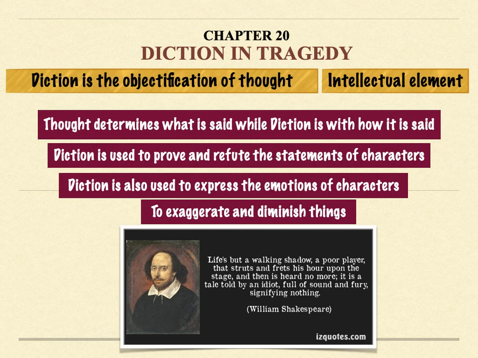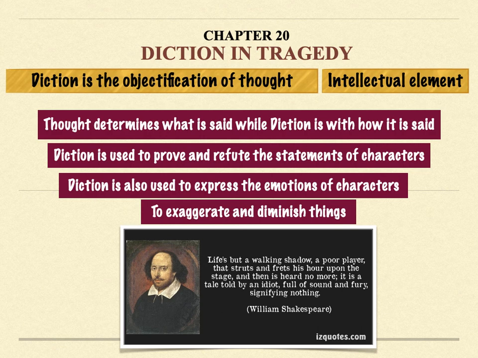So, let's just check one quotation by William Shakespeare. Life is but a walking shadow, a poor player that struts and frets his hour upon the stage, and then is heard no more. It is a tale told by an idiot, full of sound and fury, signifying nothing.